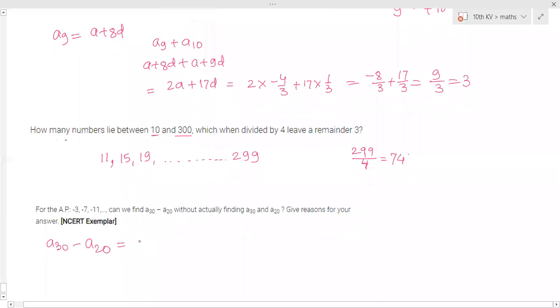So what is a30? A plus 29D, minus a20 which is A plus 19D. So simplify, this is A plus 29D minus A minus 19D. So A gets cancelled. 29D minus 19D is 10D.